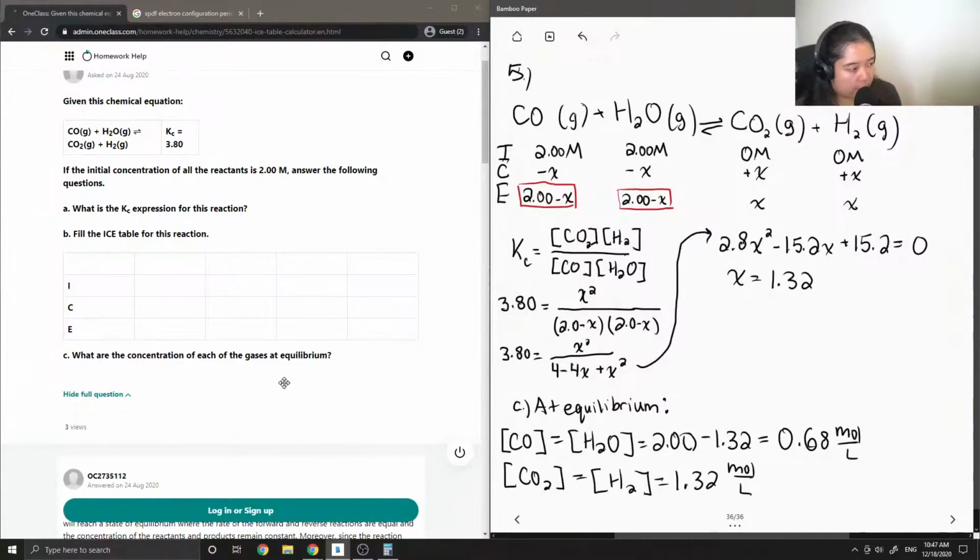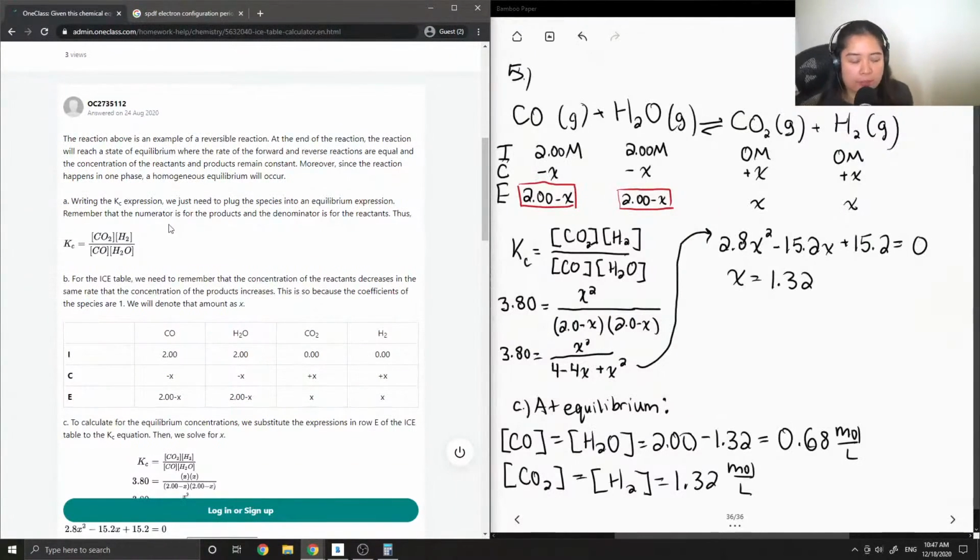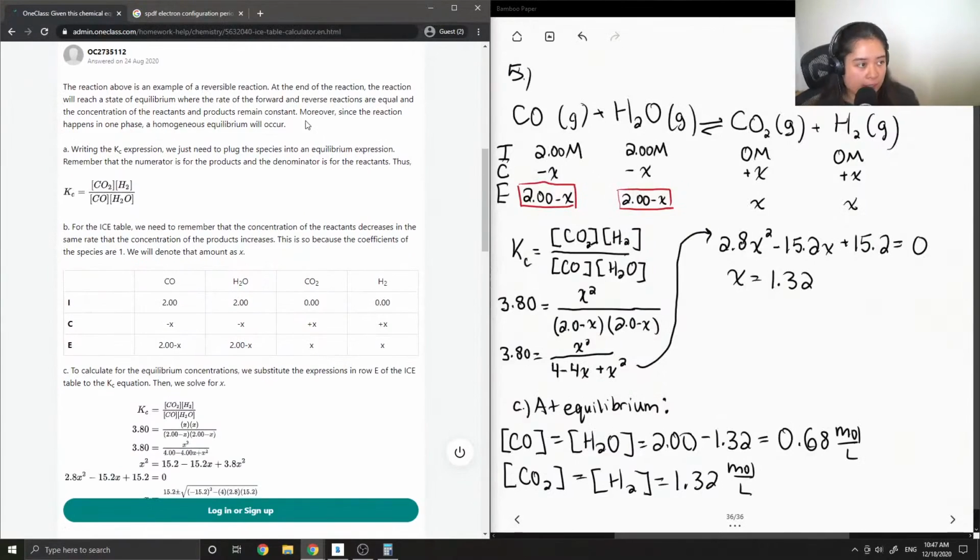Okay, so let's see what the junior tutor wrote. The reaction above is an example of a reversible reaction. At the end of the reaction, it will reach a state of equilibrium where the rates of the forward and reverse reactions are equal and the concentrations of the reactants and products remain constant.